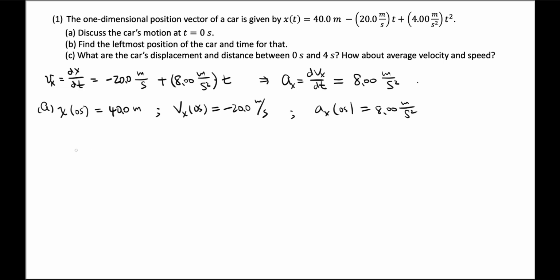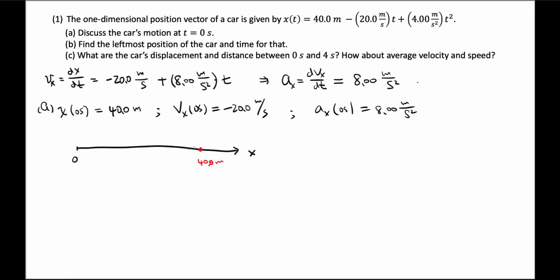Now we can give this object's motion a drawing. So let's say we have the x-axis pointing this way. That's the origin O, and then the object starts at 40 meters. So that's the initial position.